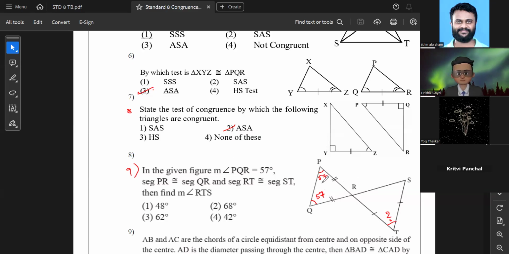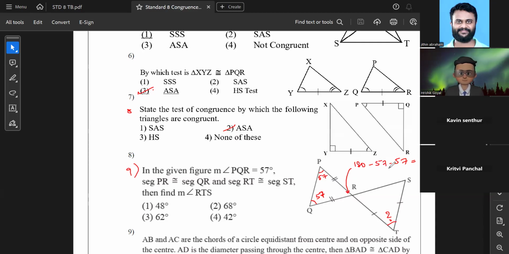Since you know two angles of this triangle, you can find the third angle. The third angle will be 180 minus 57 minus 57. That is going to be 66.